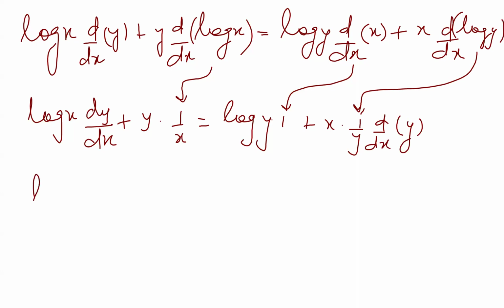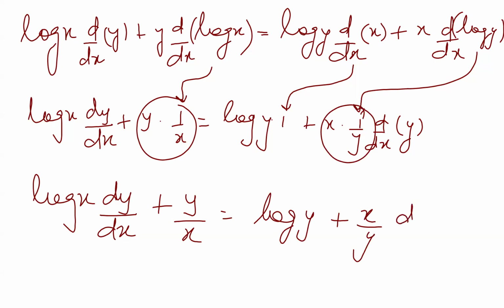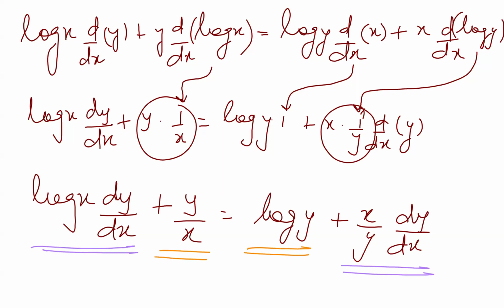Okay, so log x dy by dx plus y upon x is equal to log y plus x upon y dy by dx. Now what I will do is combine the dy by dx terms. These two terms I will group, and the terms which do not have dy by dx I will keep on the right hand side.